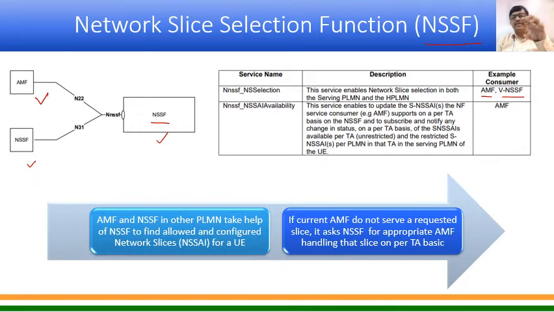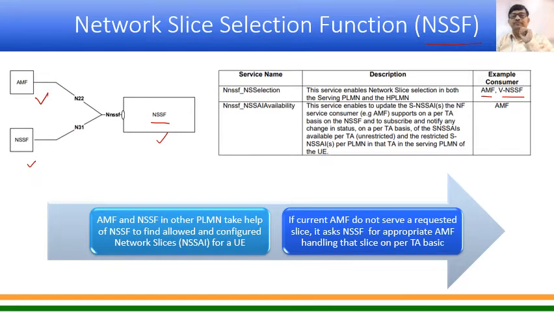So in a particular tracking area, maybe slices 1, 2 and 3 are supported, 4 is not supported, and so on. It is also possible that a particular AMF supports certain slices and other slices are supported by some other AMF. So this information is available with NSSF.